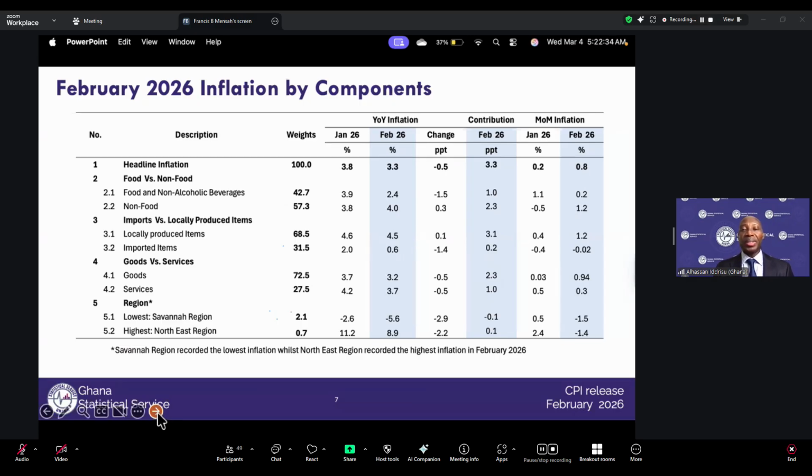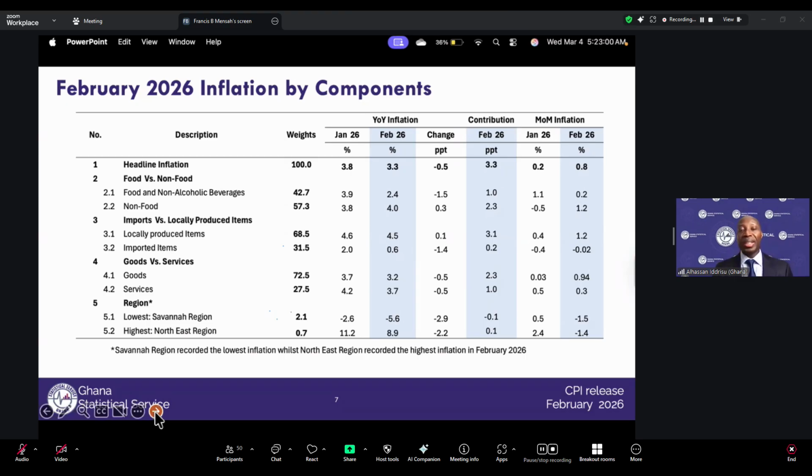Now, what do these inflation numbers mean for these two regions? So this means that whilst prices increased by 8.9% between February 2025 and February 2026 in the Northeast region, prices declined by 5.6% in the Savannah region over the same period.